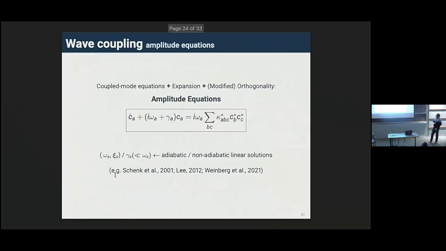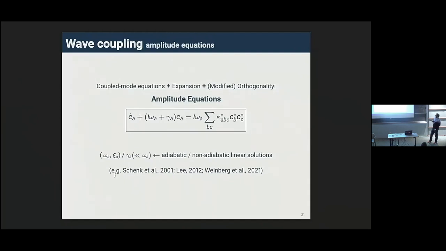When you add this expansion into the coupled mode equations, and you account for the orthogonality of these modes, which is modified because we're talking about modes in rotating stars, you then obtain the amplitude equations, which finally gives us an equation to work with.